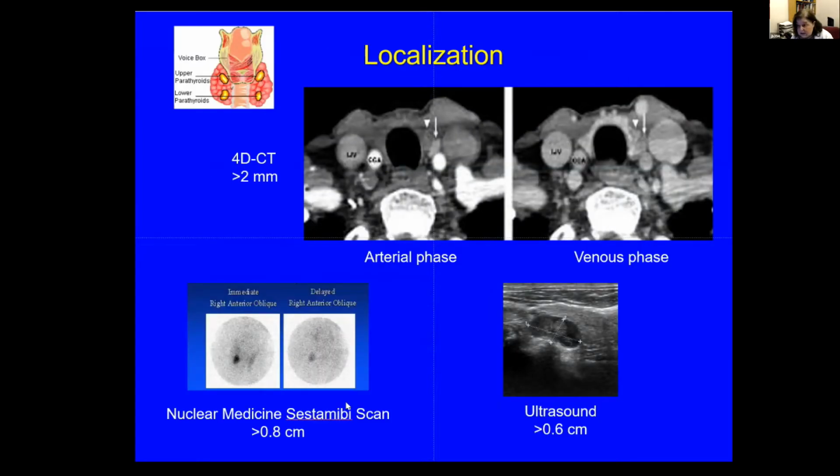And these are the localization studies I mentioned. The nuclear medicine study shows the retention. The ultrasound is the most sensitive to show the ones behind the thyroid, and the 4D CT is lighting up in the arterial phase where the parathyroid adenoma is, and darkening in the venous phase.